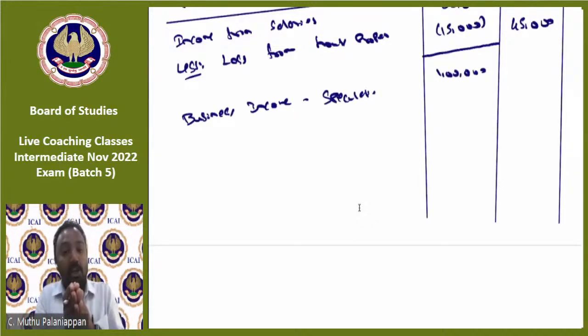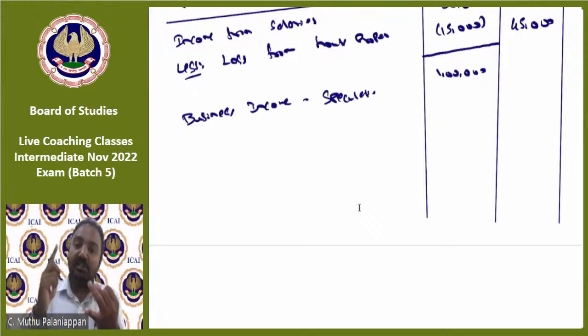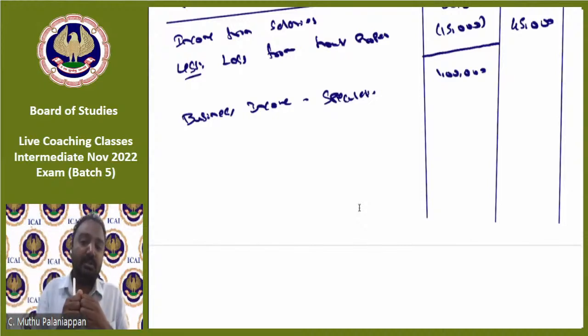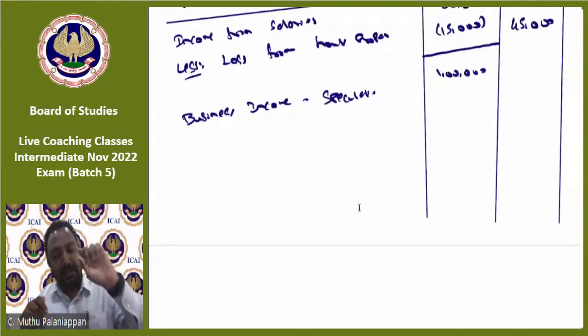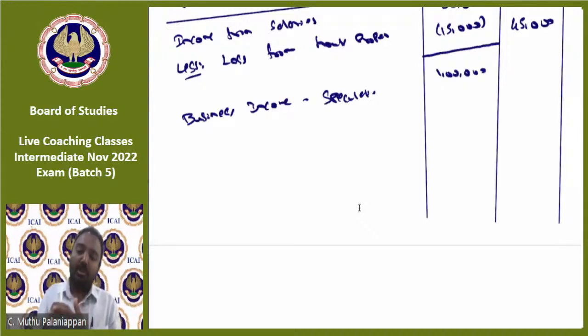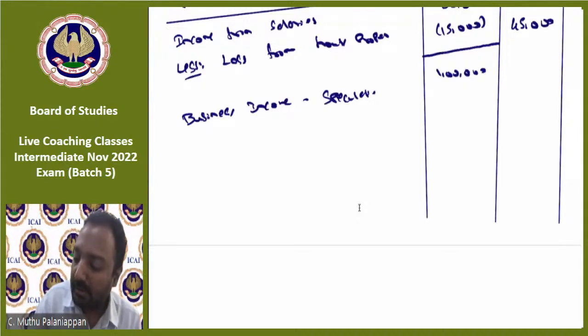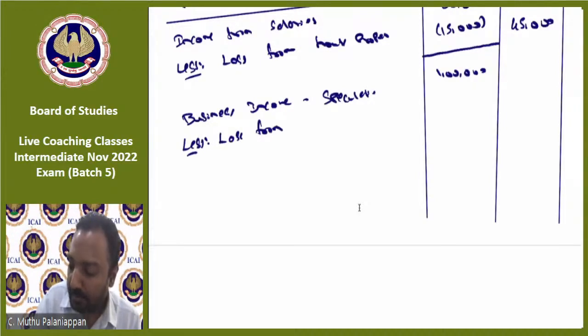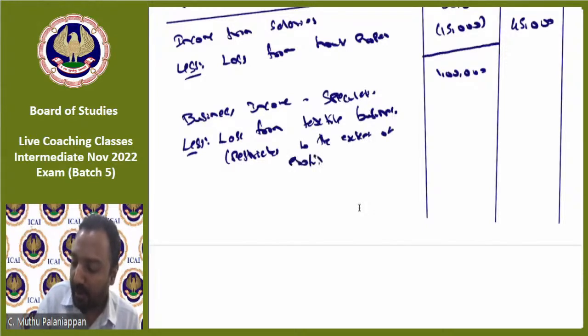Your regular business loss can be adjusted with speculation income, though speculation business loss can only be adjusted with speculation business income. Here income is speculation, loss is general, so the general loss can be adjusted. Less loss from textile business, restricted to the extent of profit available.